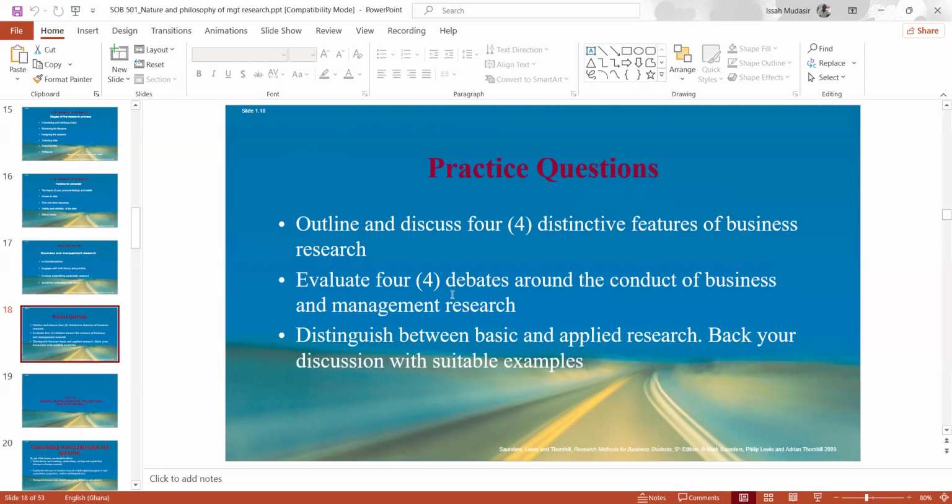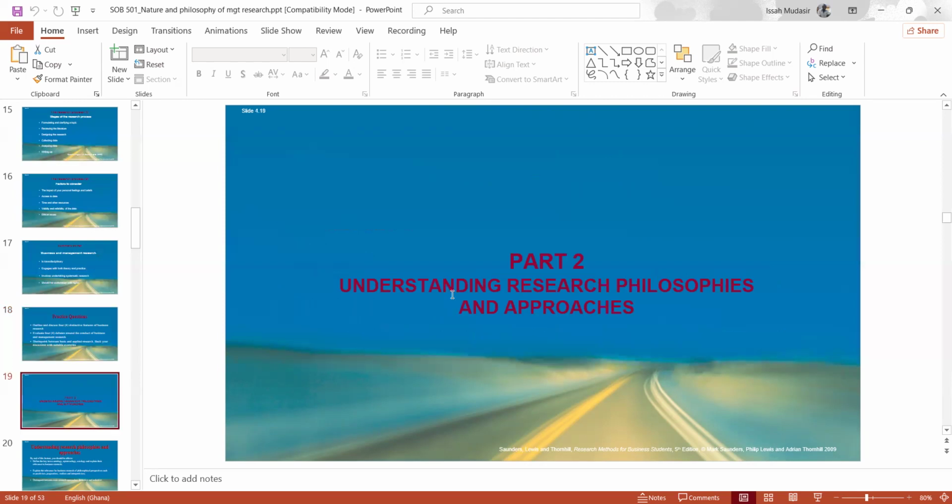Now, the second part, philosophy. Every researcher comes to the research table wearing a lens. As I approach any research topic, I am wearing a particular lens.